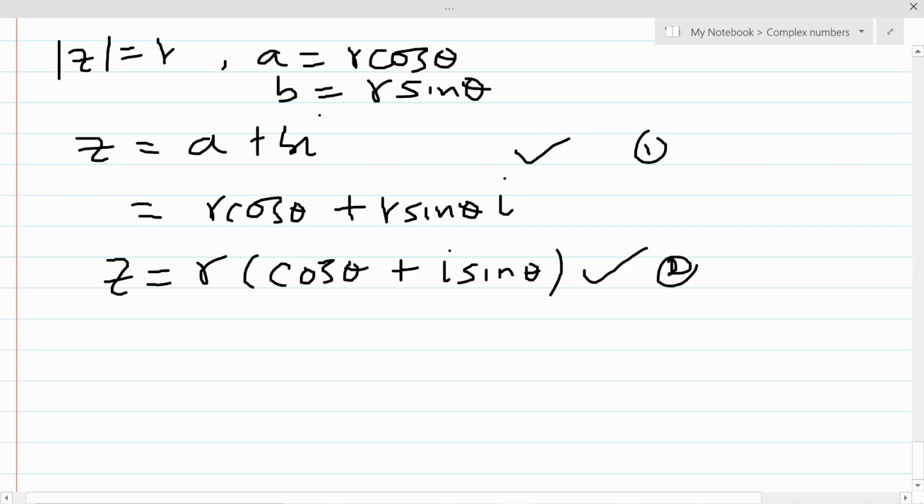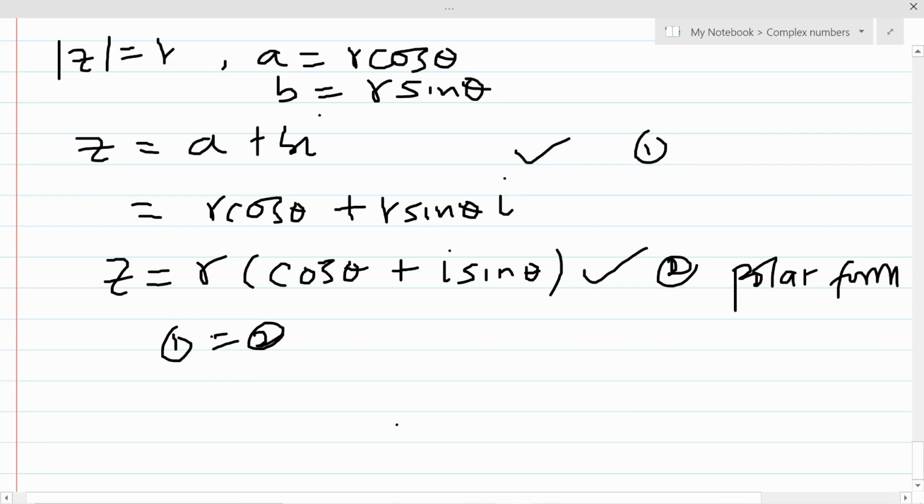This means that equation 1 is the same as equation 2, but equation 2 is what we call the polar form of a complex number, or the polar representation of a complex number.